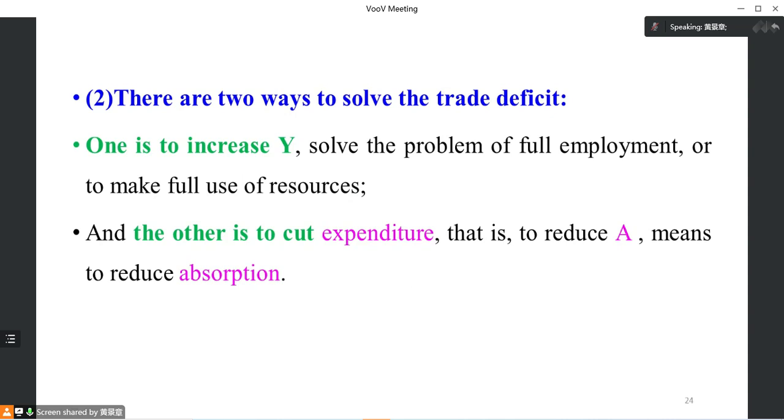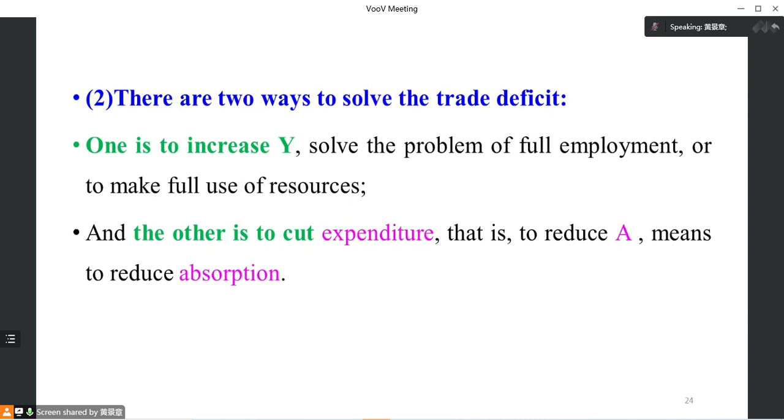This tells us that if we want to increase this country's income, this country must take measures to solve the problem of full employment, that is, to eliminate unemployment or make full use of resources.